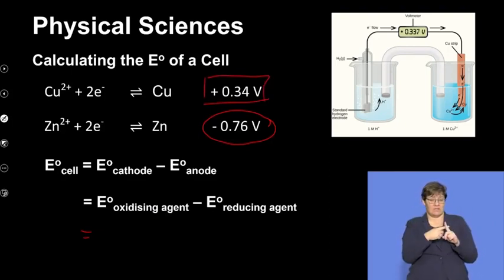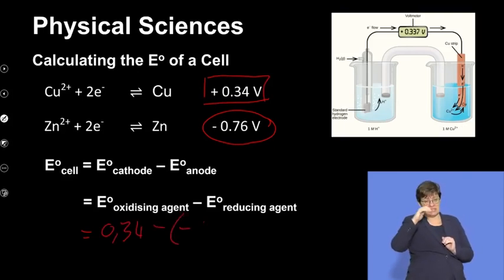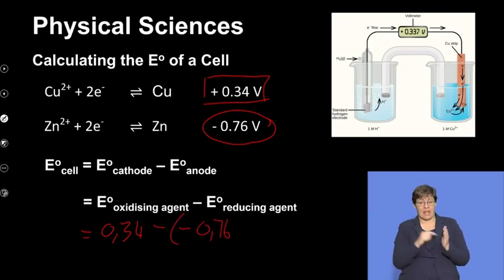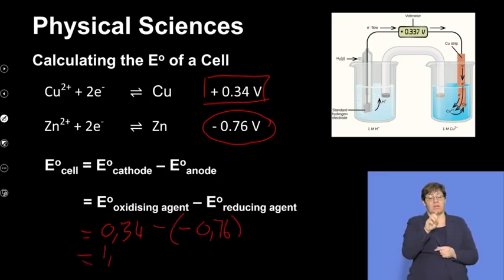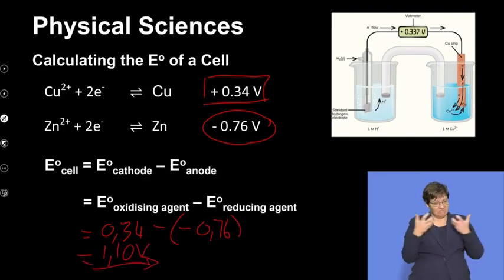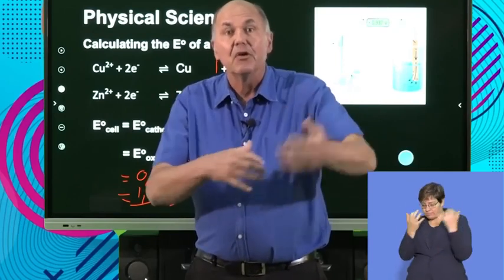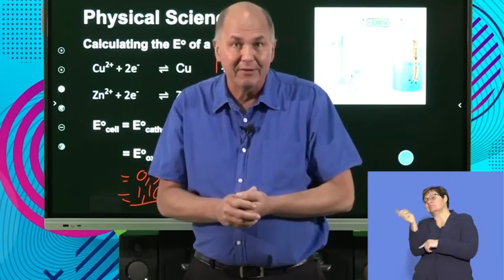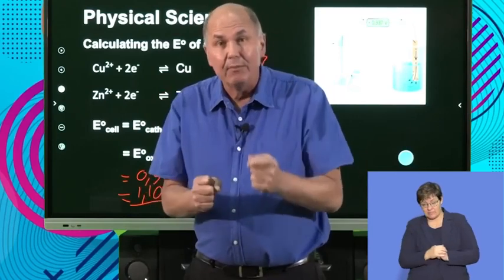Remember, the copper is more positive, so we're going to say that value of 0.34 minus the anode value, minus 0.76, and if you do that on a calculator, you'll get 1.10 volts. That's exactly what we're wanting. So guys, we can use these standard electrode potentials, E naught values, on our table to calculate the predicted voltmeter value. So that's quite an important skill.